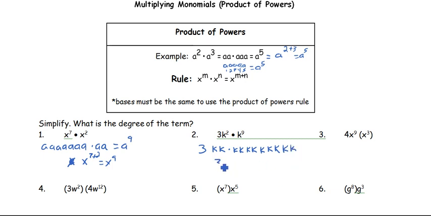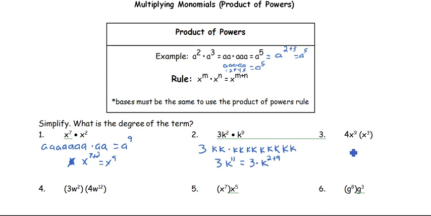So then that would just be 3k to the 11th, which is the same as 3 times k to the 2 plus 9.